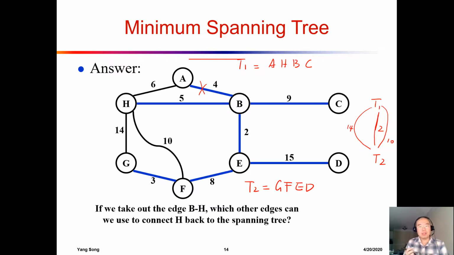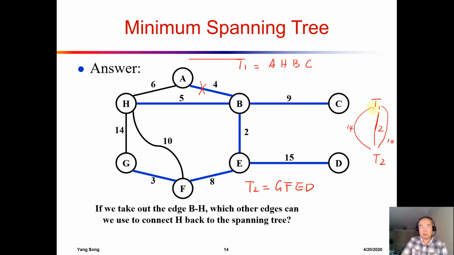So the point is, number one, inside the T1 or T2, they are both optimal sub MST. Okay, T1 and T2, they are both optimal sub MST. And after that, between the T1 and the T2, we want to pick the edge with the smallest weight.